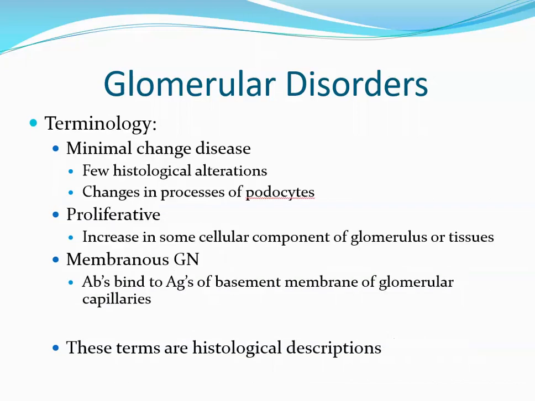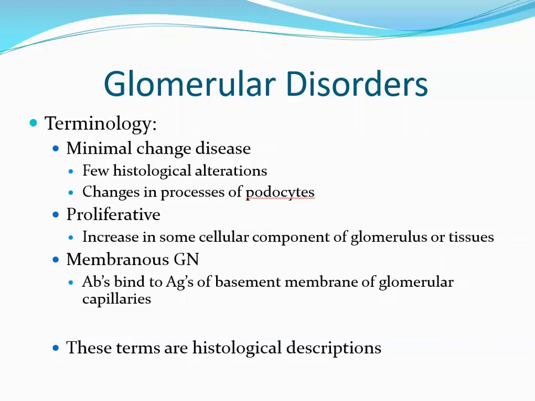Minimal change disease means that there is little histological alteration. You will see changes primarily in the processes of the podocytes. Proliferative means there is an increase in some cellular components of the glomerulus or tissues associated with it. All around the glomerulus are cells that act like packing material or supporting material.